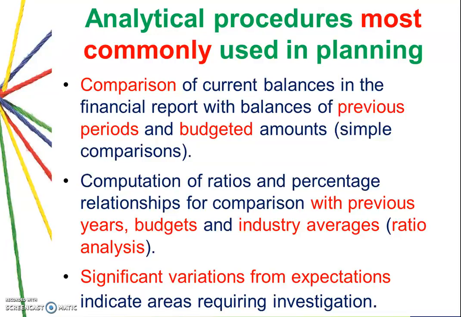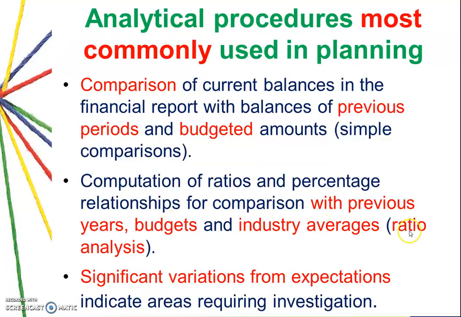You can compare the current audited period with the previous period, or the budgeted amount, the forecast amount, or you can calculate the ratios and percentage relationships, either with the previous year, with budget, or with the industry average.